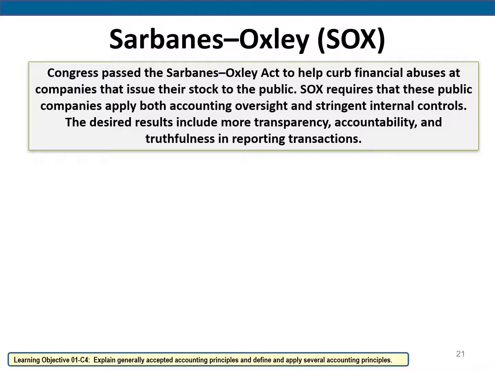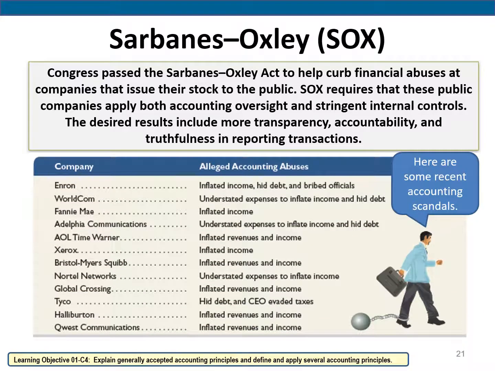So in addition to GAAP, back several years ago, Congress passed the Sarbanes-Oxley Act, and the purpose of the act was basically to increase transparency, accountability, and truthfulness in reporting financial transactions. And Sarbanes-Oxley Act applies only to companies who issue their stock to the public, whereas GAAP applies to all companies.